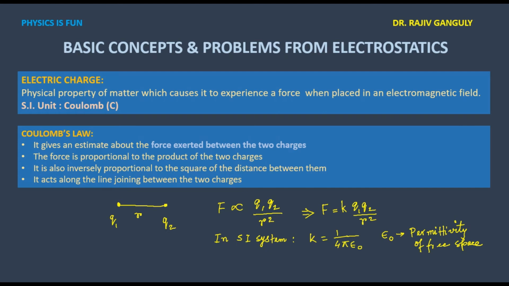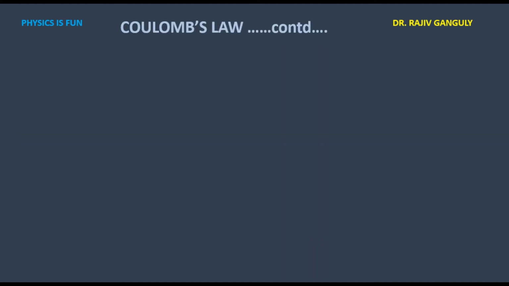Now, we must be able to remember the values of these constants k and epsilon naught. So we have to keep them in our mind. Let us write down the formula once again here. F is k into q1 q2 divided by r square.